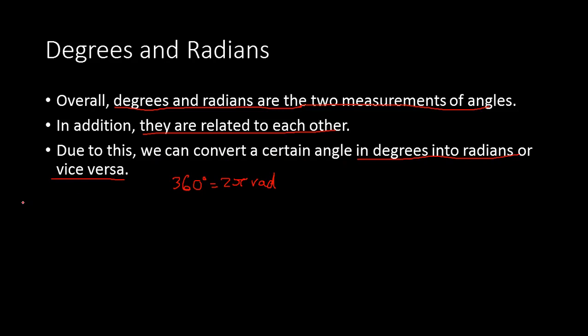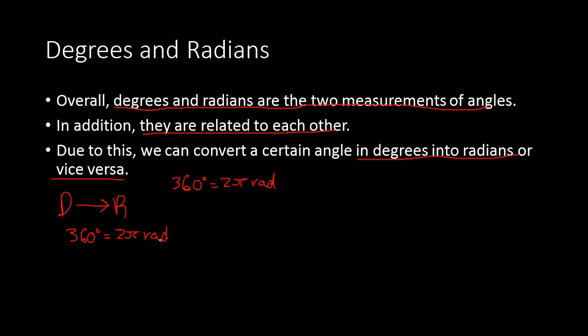First, let's start with degrees to radians. You want to convert a given angle in degrees into radians. We have 360 degrees equal to 2 pi radians.